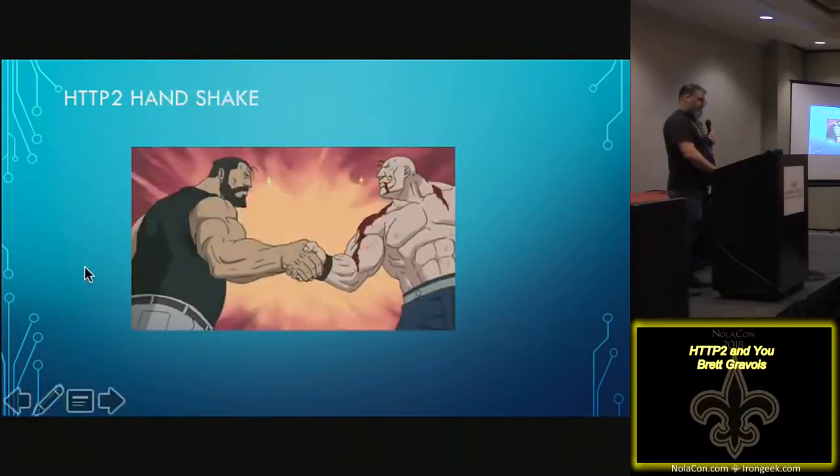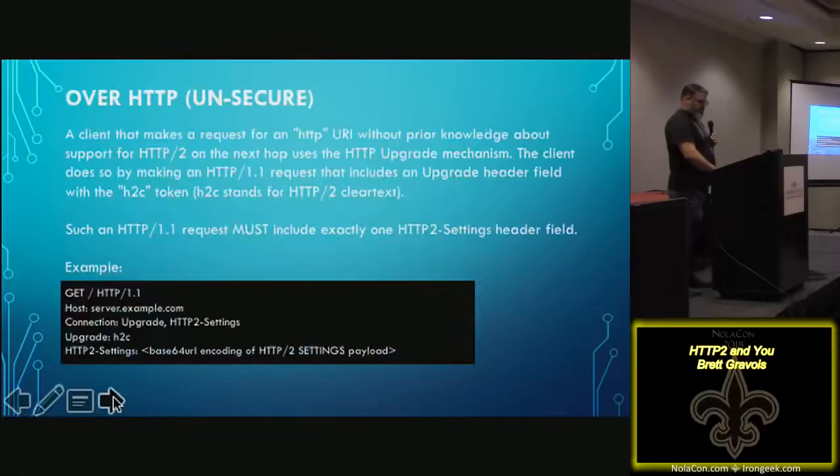So, the HTTP2 handshake. There are two types of HTTP2 instances. You can run it over unsecured HTTP, which is considered H2C. Basically, the request is pretty much the same as what we're seeing now in 1 and 1.1.